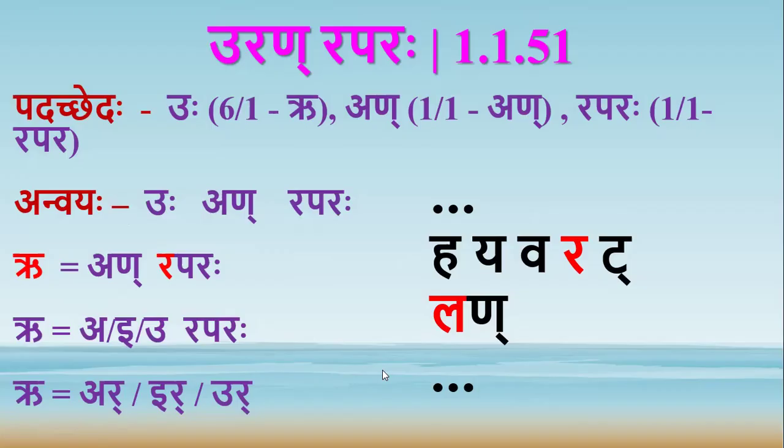So the ra in the sutra uraṇ raparaḥ represents a pratyahara starting from rakara up to this akara. We exclude the it letter, which is a, and count the remaining letters, repha and lakara. So ra represents repha and lakara, two consonants.